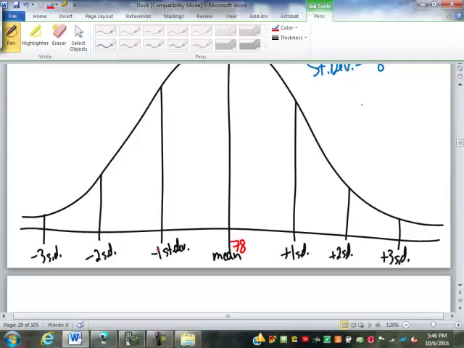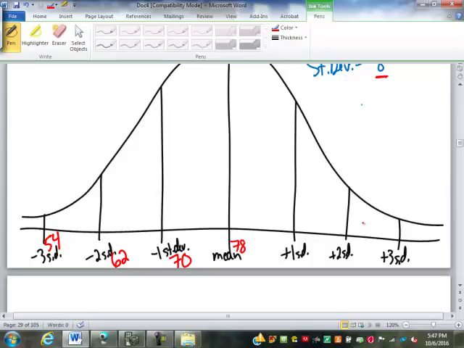So if I go down a step, I'm subtracting a standard deviation. So I'm taking my mean, which is 78 for this case, subtracting my standard deviation, which is 8, which is going to give me 70. If I go down another step, that'll be another standard deviation. Subtracting 8 again would be 62. Going down another step, subtracting another 8, this would be 54.